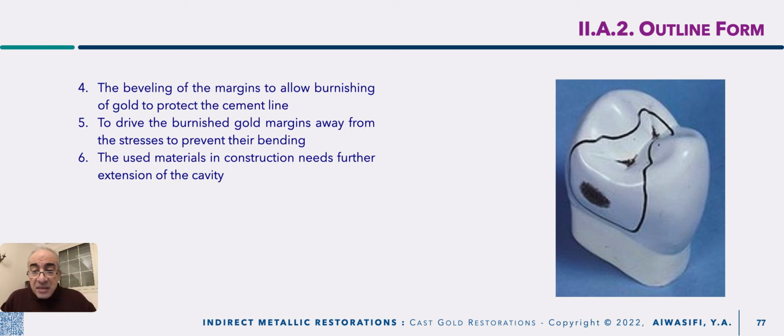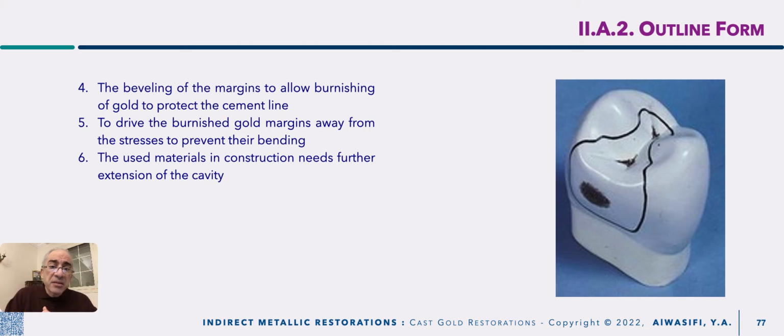Other than this, the intermediate materials, including impression and wax, may need the cavity to be widened to have bulk strength to be withdrawn from the cavity without damage. If you have a very thin or narrow cavity portion, for gold it's okay, but the problem is, what about the tear strength of your impression material?